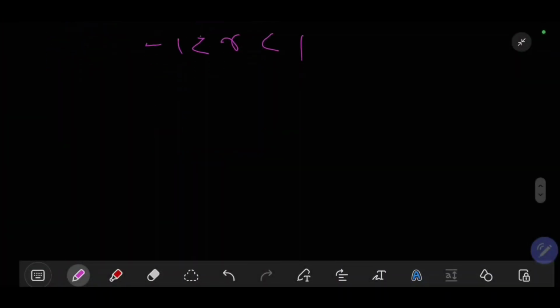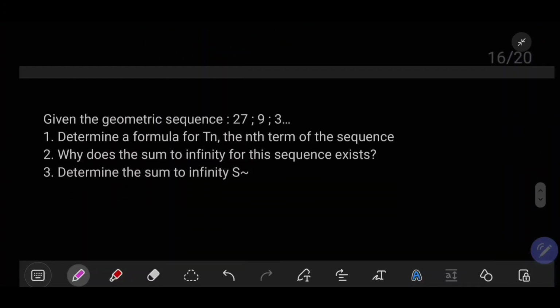Right, so I want us to check an example and see how this applies. Consider this geometric sequence: 27, 9, 3. They say to you, determine the formula for Tn, the nth term of the sequence. This is simple. This is a geometric sequence, and we know that in a geometric sequence, Tn is given by a r to the power n minus 1.